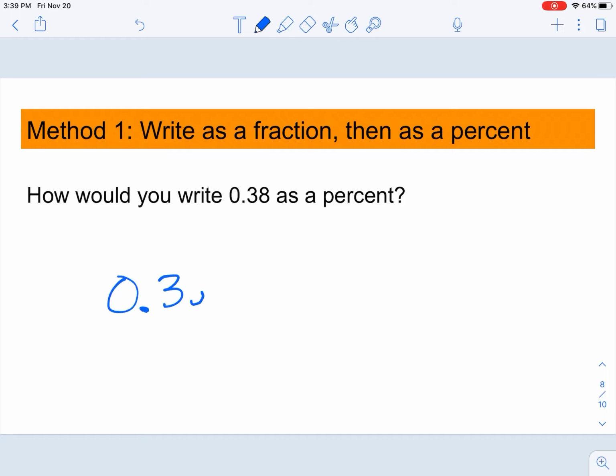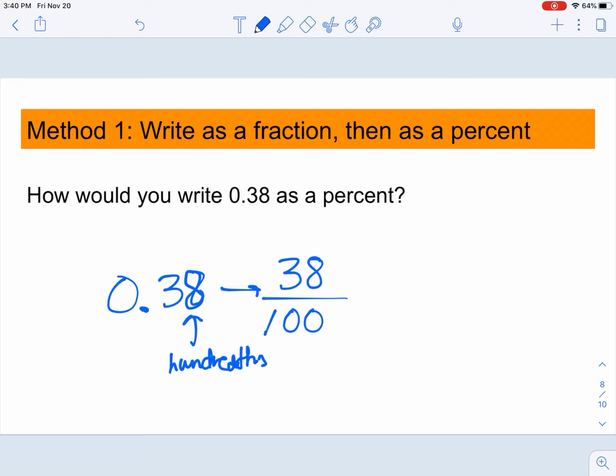So if I have this decimal, I can say it out loud and I can tell that it's 38 hundredths. 38 ending in the hundredths place. Well, since it's out of 100 and I remember that percents are always out of 100, I know that it's 38%.